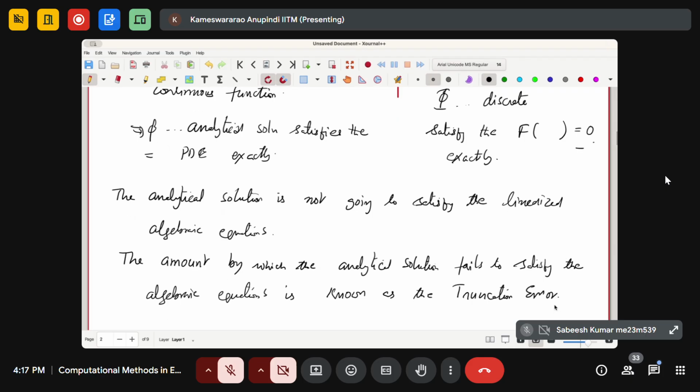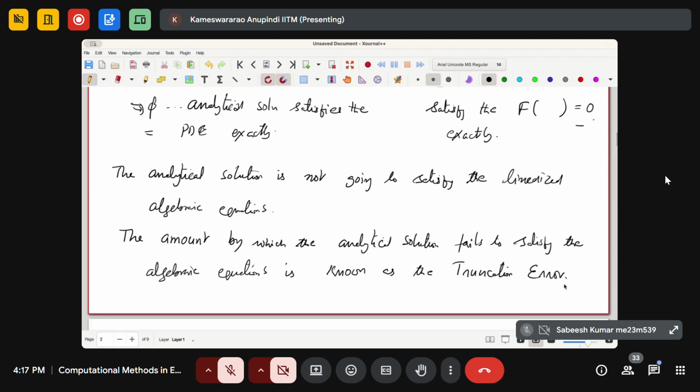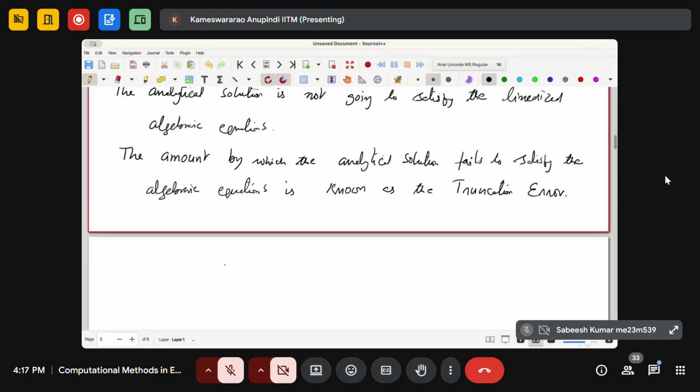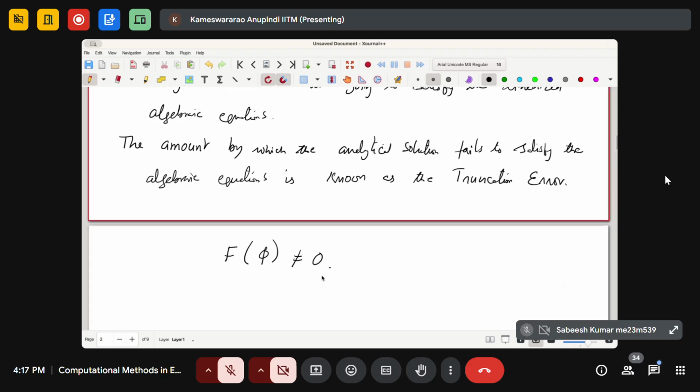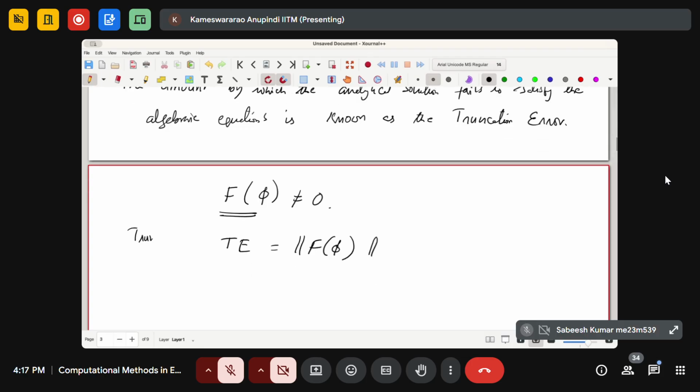That means the amount by which the exact analytical solution fails to satisfy the algebraic equation. That means F of little phi is not equal to 0, right? And exactly this amount is known as the truncation error, TE. That means F of phi in some norm is known as the truncation error.